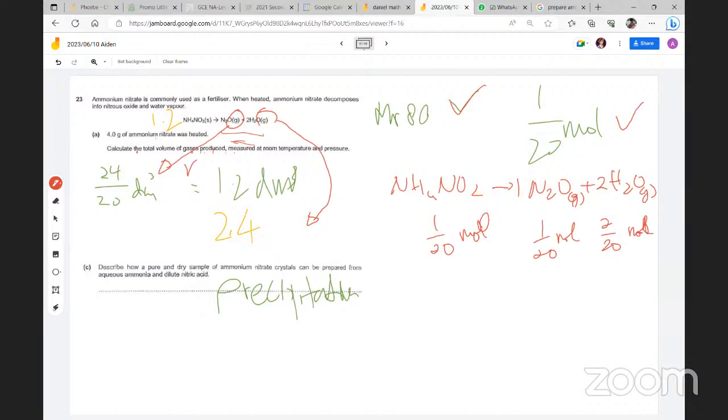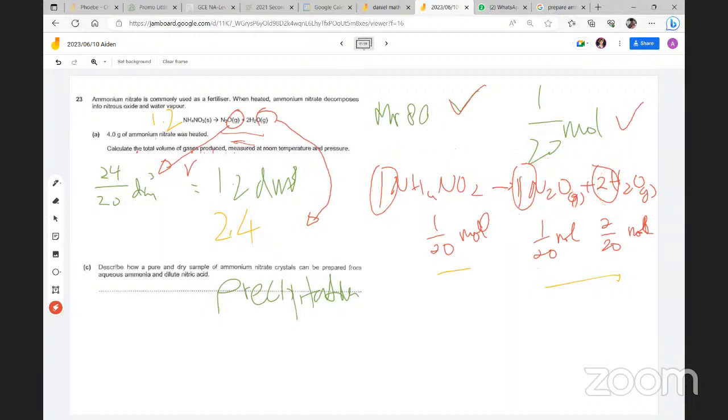I thought 1 over 20 mole on this side, then this side should also be 1 over 20 mole. No. 1 molecule of this becomes 1 molecule of that and 2 molecules of this. 1,000 of this become 1,000 of this and 2,000 of that.